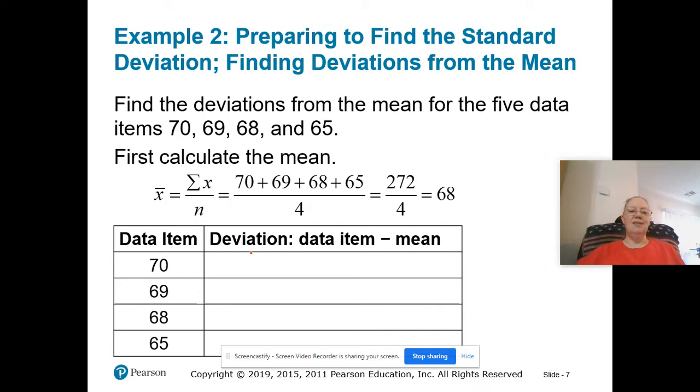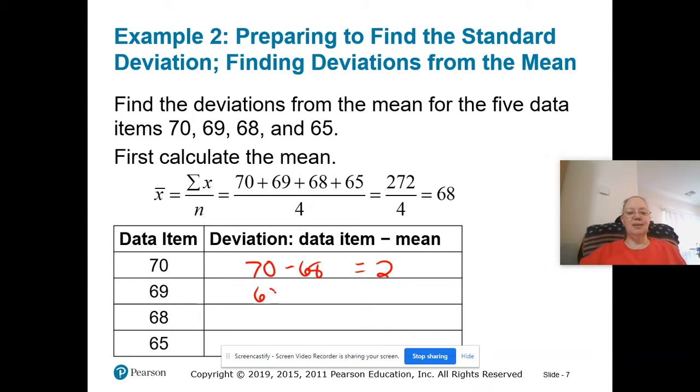Now the deviation, not standard deviation, but just deviation from the mean, we're going to figure out how far away each of these data items is from 68. So we're going to take 70 and subtract 68 and get a deviation of 2.